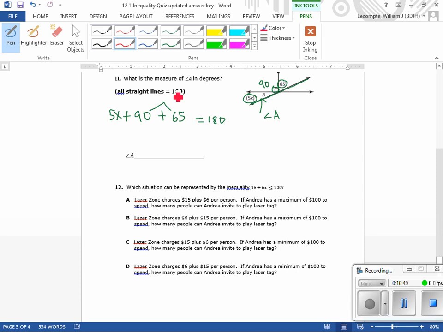So when I subtract 155, I get 25, right? But the thing is, I get 5x is equal to 25. Well, that's what I'm looking for. I don't have to find x. I'm looking for 5x, angle A. How do you like that?